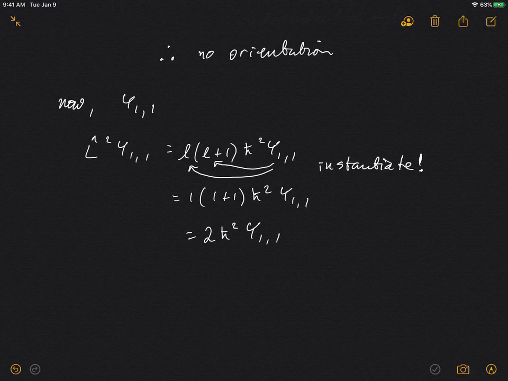And then it can be easily shown that, remember, if we have a function that's an eigenfunction of an operator, the expectation value is the eigenvalue.